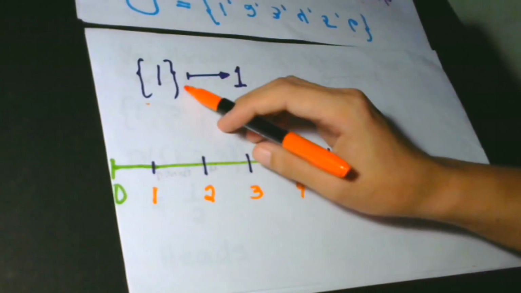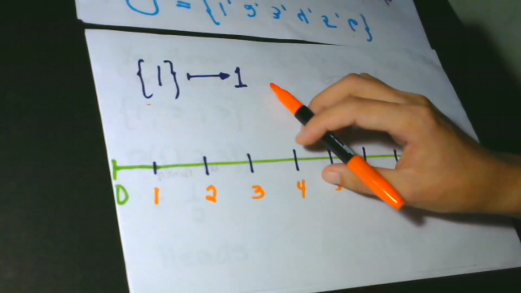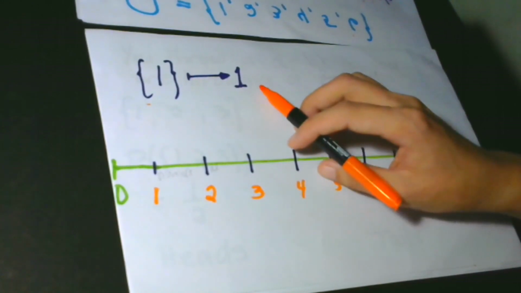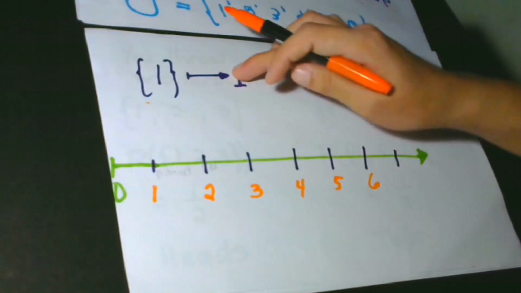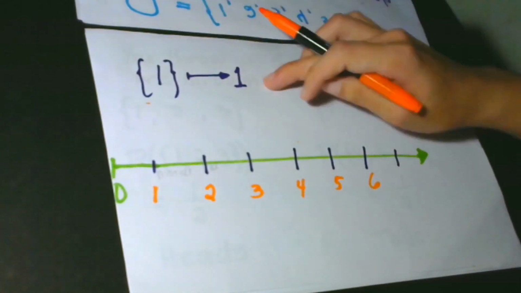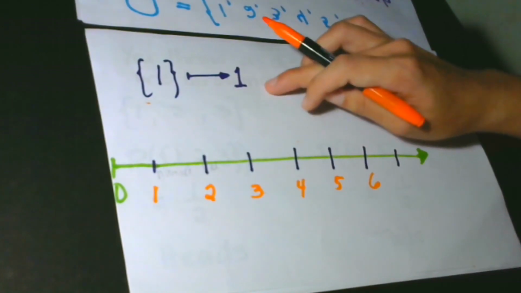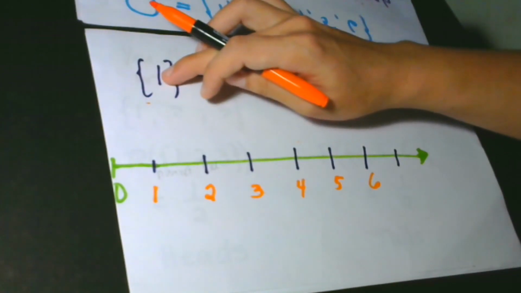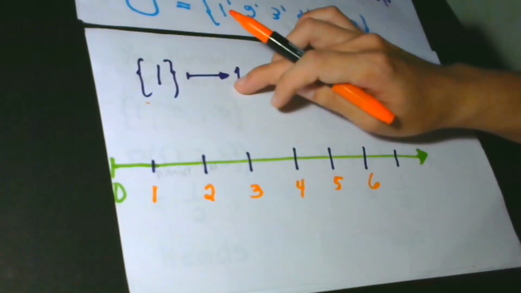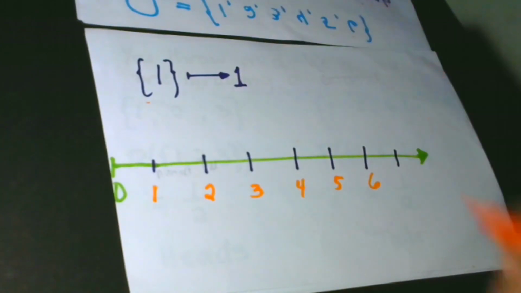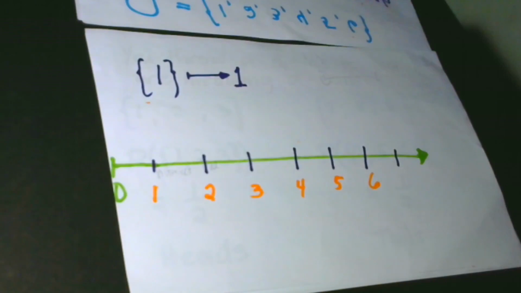So 1 is represented by 1 as a real number. The set of 1 has only one element. Maybe you would want to ask me, why is it that 1 is only 1? The answer is that it is because the set of 1 has only one element.